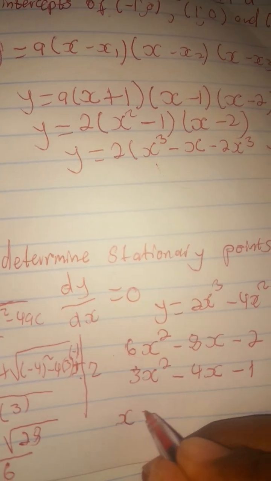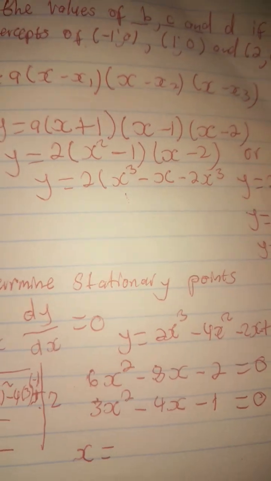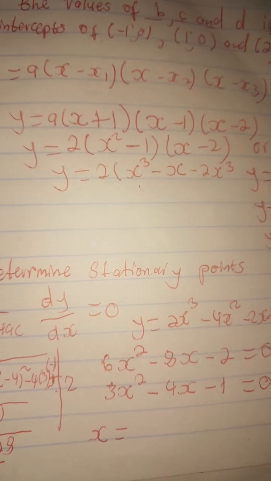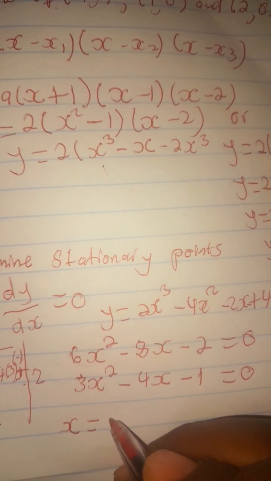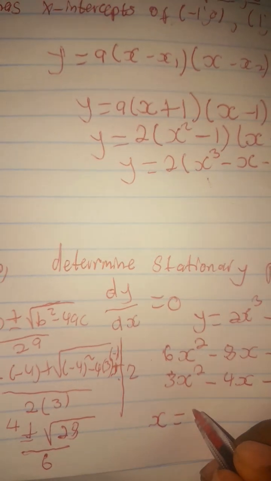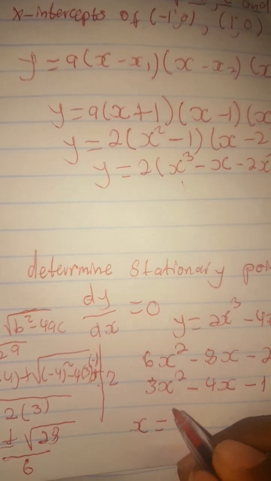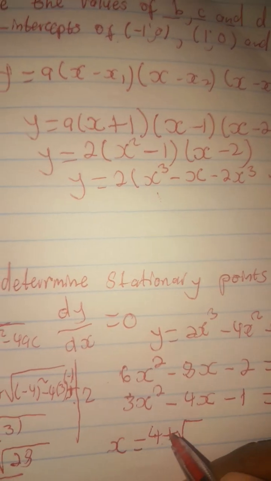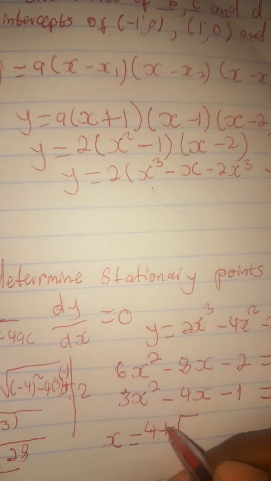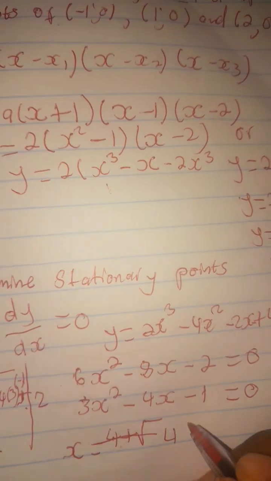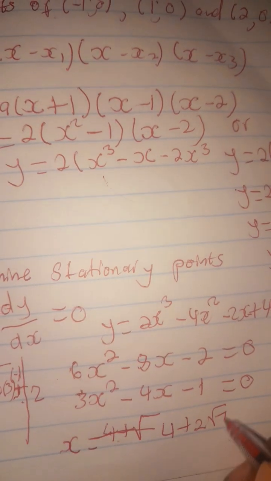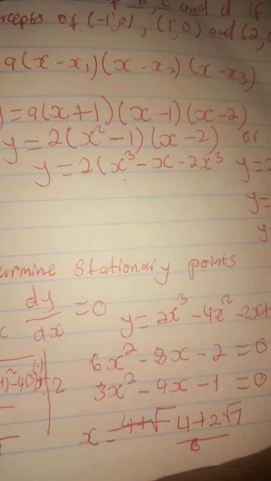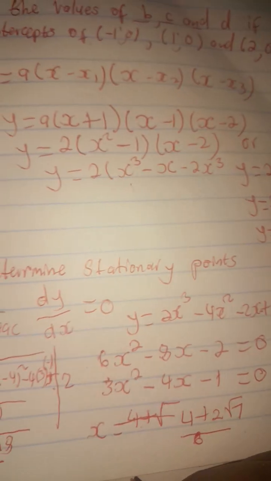So let's see, use your calculator there. Let's see what you are going to get. When you punch root 28, remember we're having 4 plus or minus. So what would be root 28? Root 28 is 2 root 7. So 4 plus 2 root 7 divided by 6.